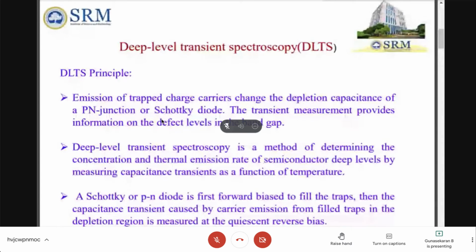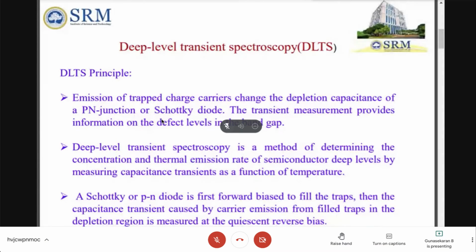How that variation takes place depends upon the applied input voltage. There is no doubt. Deep level transient spectroscopy is nothing but a method of measuring or determining the concentration as well as the thermal emission rate of deep levels in semiconductors by measuring the capacitance transient as a function of temperature.